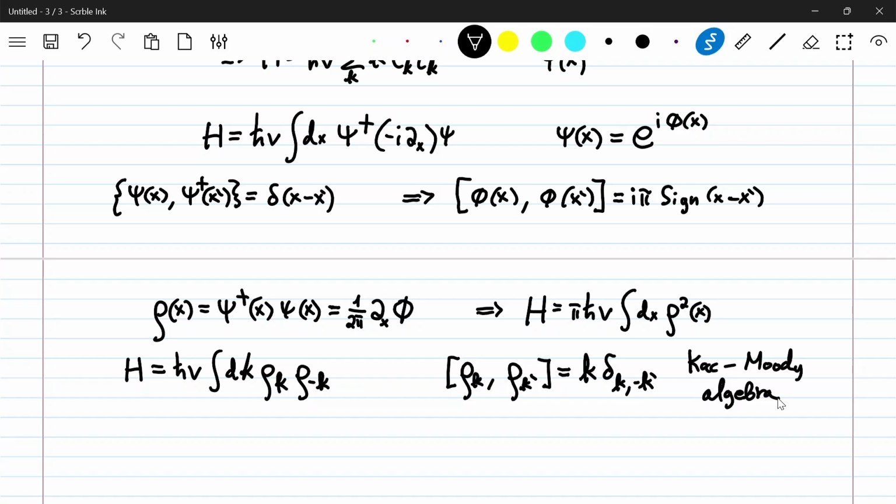No edges, forget it. X is infinite, K is sub K, which means it's a discrete K. Okay, it's just a notation. But you see, I wrote it as an integral over K. So the quantization of K, to be careful, you want to think about it as a discrete variable, but you can go to the continuum limit very easily.